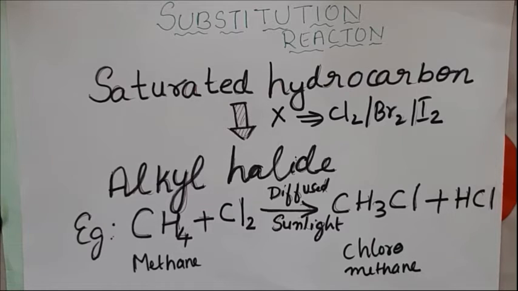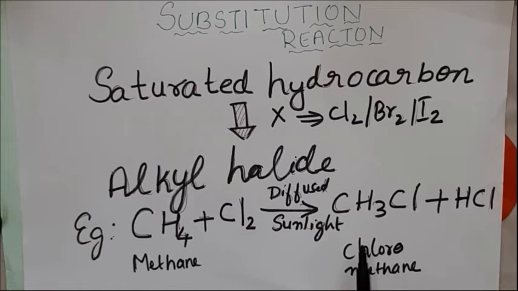So how do you define a substitution reaction? A substitution reaction is a reaction in which a saturated hydrocarbon, the example shows the molecule that is taken here is methane, CH4, which is a saturated hydrocarbon, and a halogen like chlorine is added in the presence of diffused sunlight.